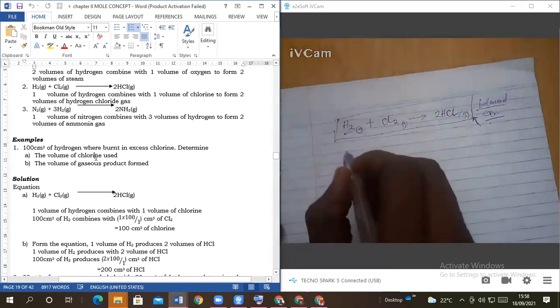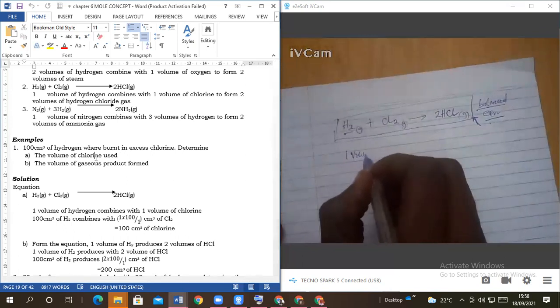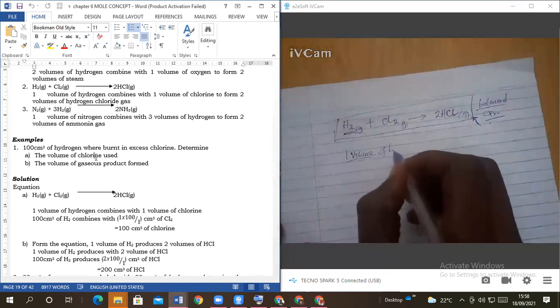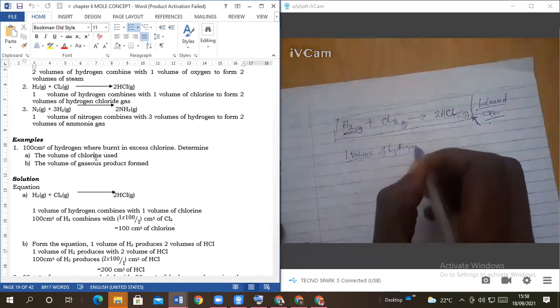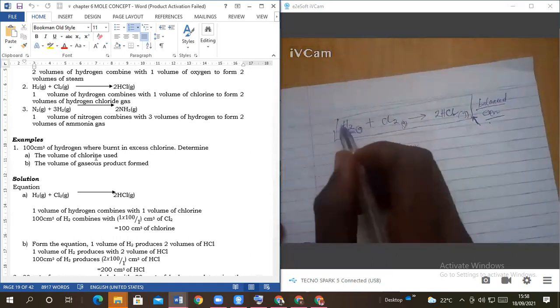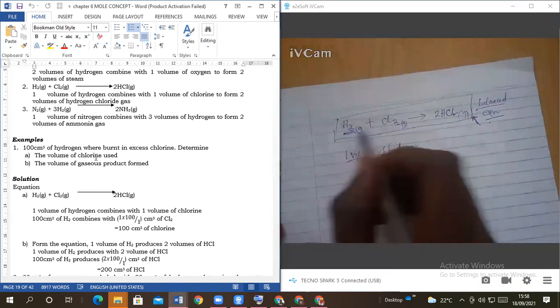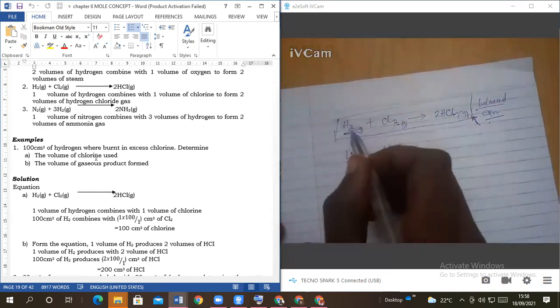Just come and say 1 volume, since they are considering volumes, 1 volume of hydrogen. Because from here, we are looking at the numbers in front, not these 2, not this one. This one is for the formula. If you put 2 volumes of hydrogen, this is wrong.